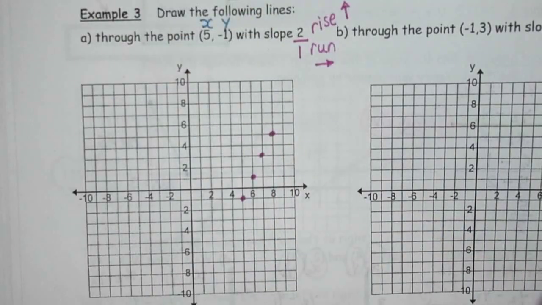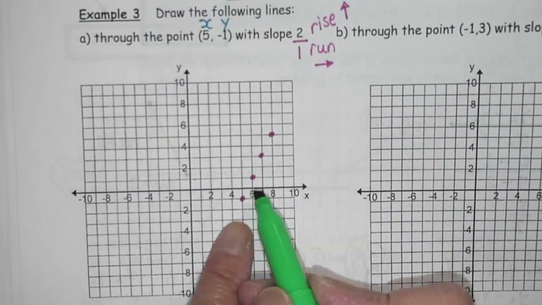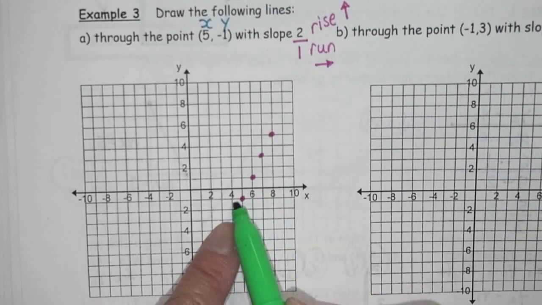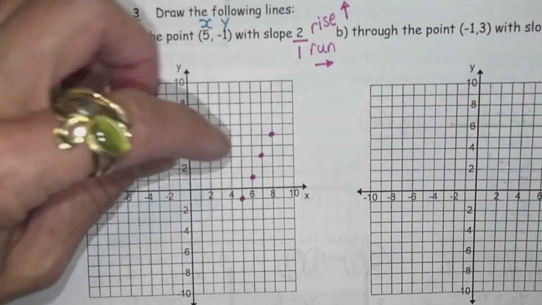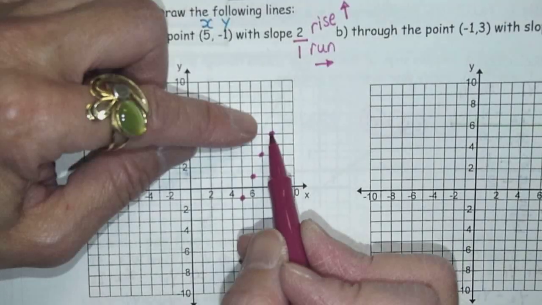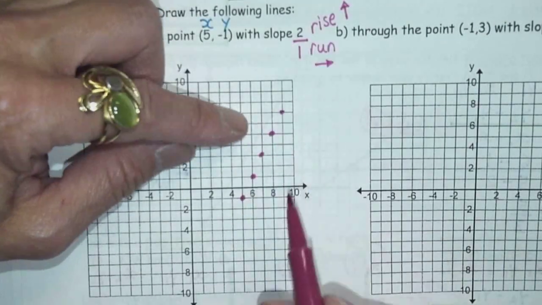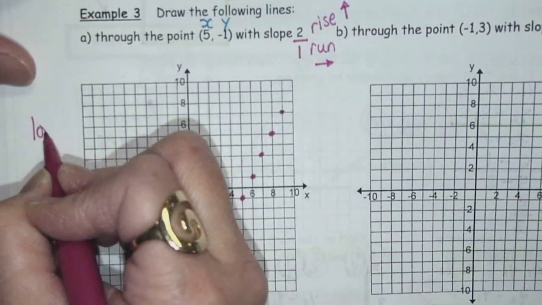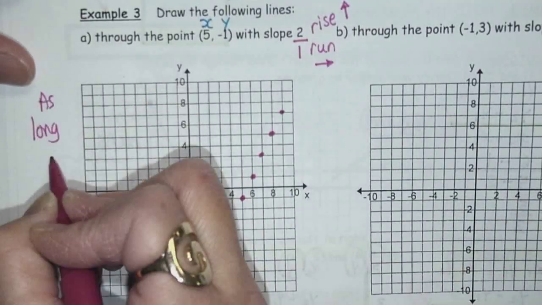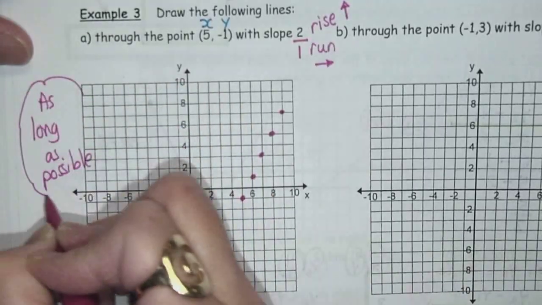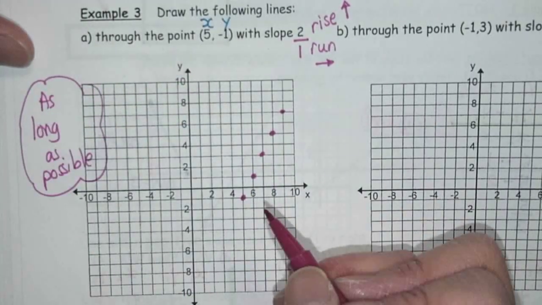So you see how you're making your little triangle? If you imagine your highlighter triangle, remember from the other lessons, it's a 2, 1, rise over run. From this point, rise 2, so 1, 2 squares, run 1. I want you to fill the graph as long as possible.